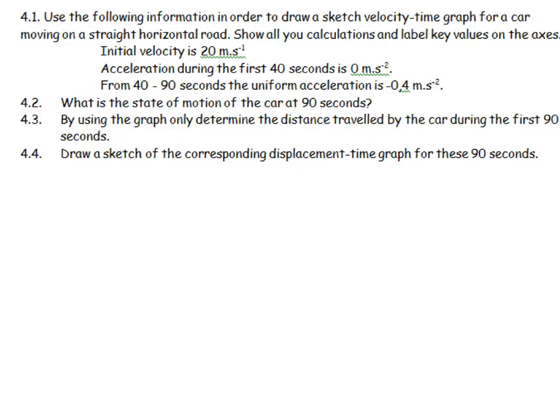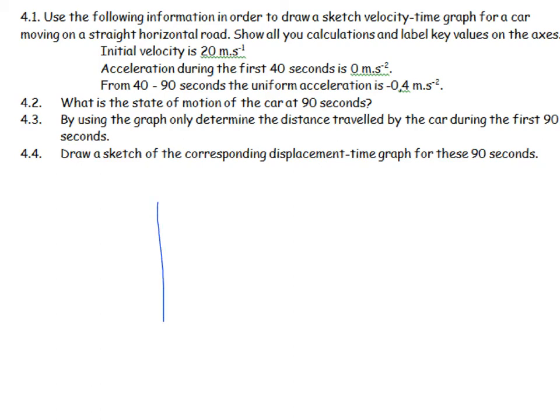Let's try another example. Use the following information in order to draw a sketch velocity time graph for a car moving on a straight horizontal road. Show your calculations and label key values. We're going to start at 20 meters per second, and during the first 40 seconds there's no acceleration.